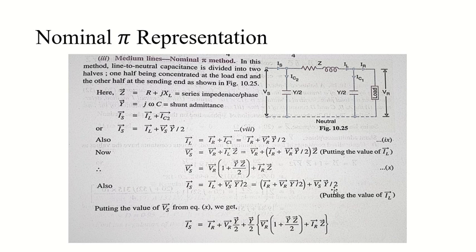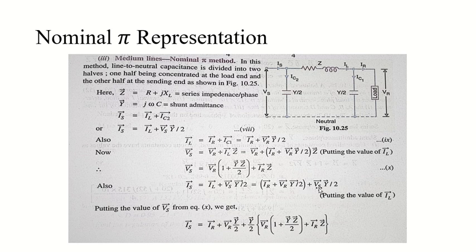Okay. Then after, we will put the value of Vs from this formula. So this term will stay as it is, so we get IR plus VR into y by 2 as it is.